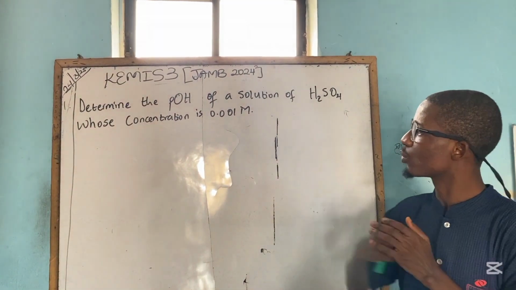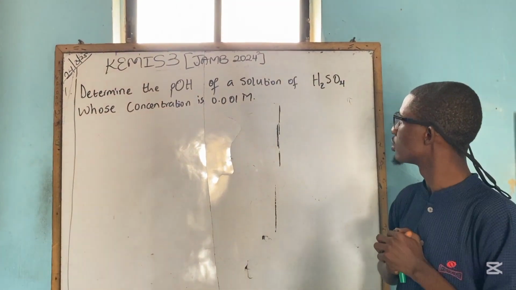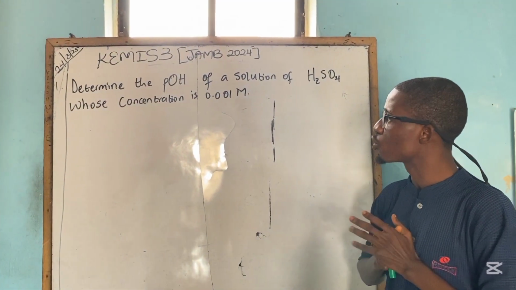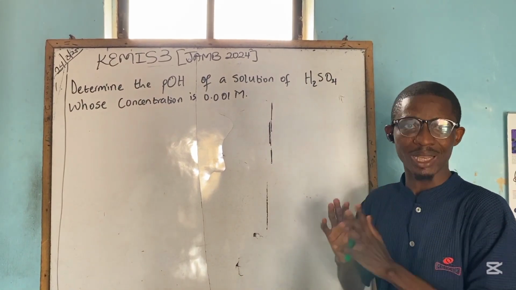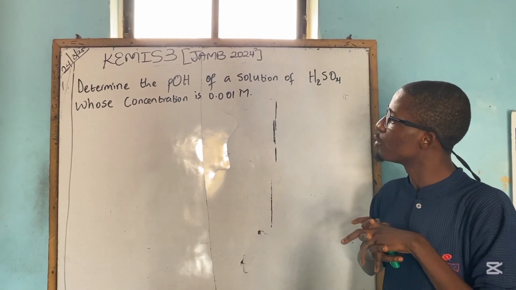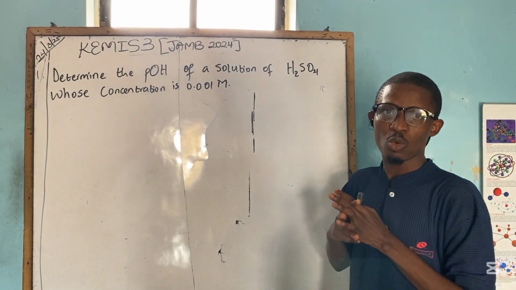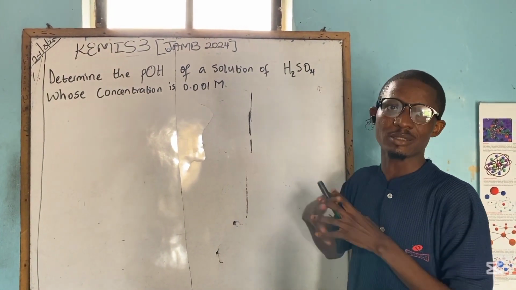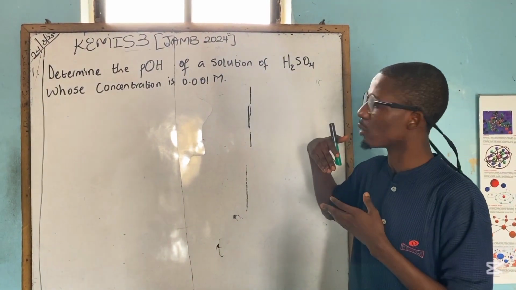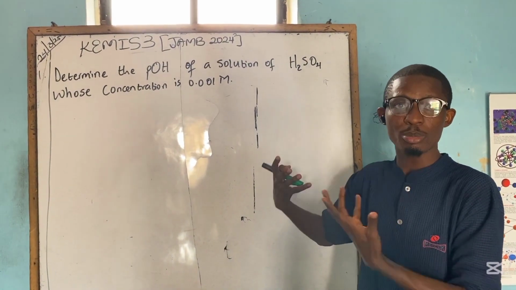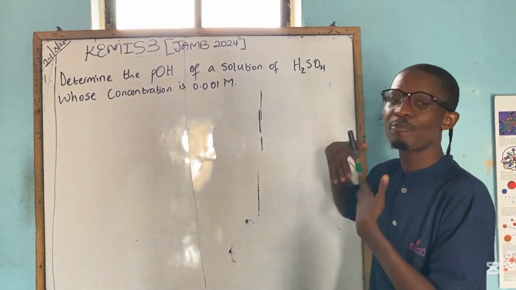We were asked to determine the pOH of a solution of H2SO4 whose concentration is 0.001 molarity. We have to calculate the pOH, but we are given the concentration of H2SO4. We all know that H2SO4 is an acid, and acids are substances which, when dissolved in water, produce hydrogen ion as the only positive ion, which means this H2SO4 can only have pH.